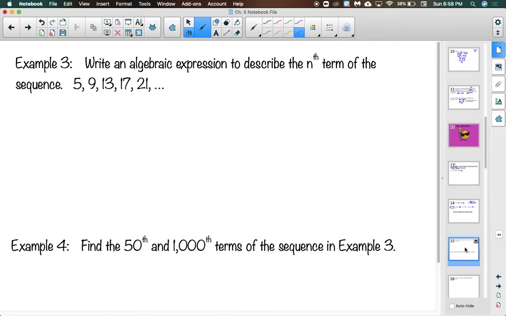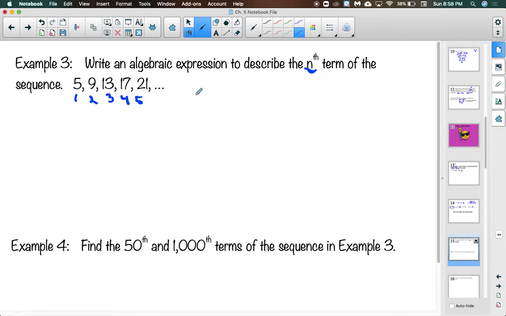This one says to write an algebraic expression to describe the nth term of the sequence 5, 9, 13, 17, 21. So I love these questions. There's a lot of algebra involved in this. Basically what we're saying is this is the first term, this is the second term, the third term, fourth term, fifth term.